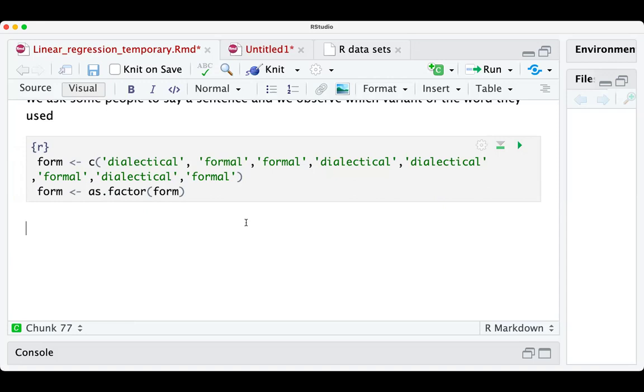And now you want to predict the probability that a person will say the dialectical variant.